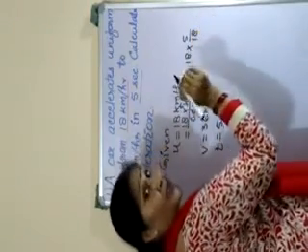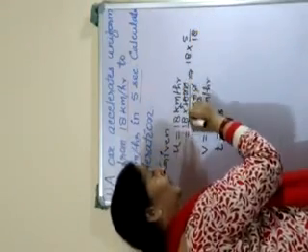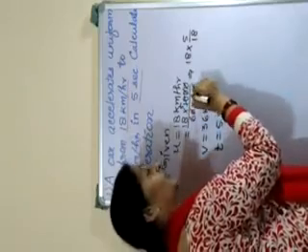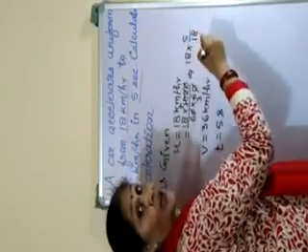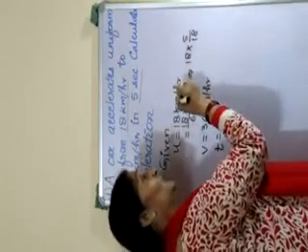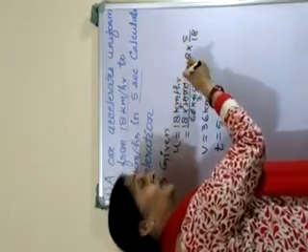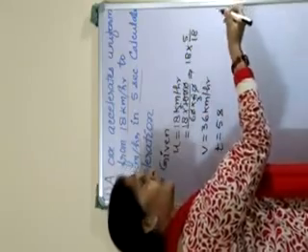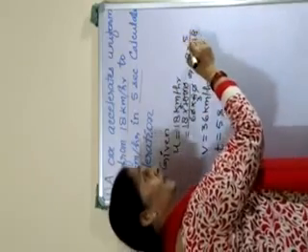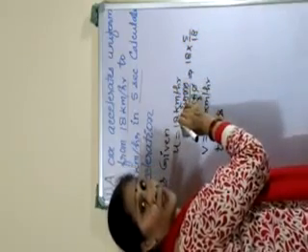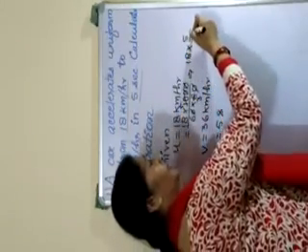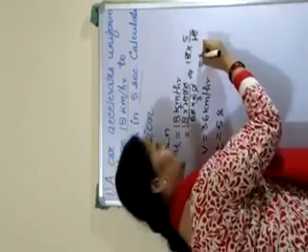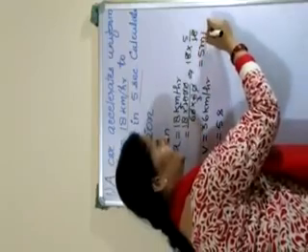In place of 1000 by 60 into 60, directly we can write 5 by 18. When we have to convert kilometer per hour into meter per second, we simply multiply the numerical value by 5 by 18. And this will be equal to 5 meter per second.